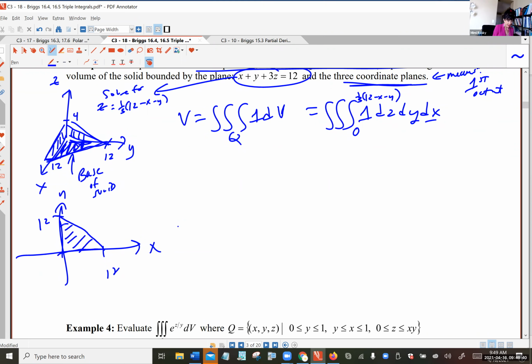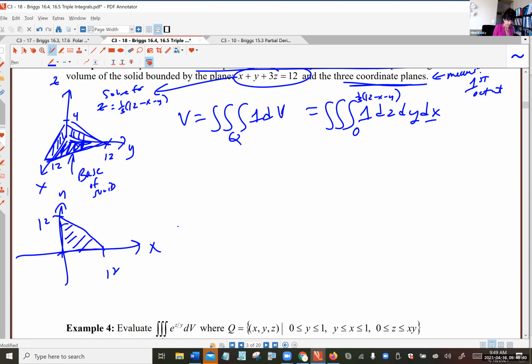Keep in mind, that's when z equals 0. If you set z equal to 0 in your plane equation, you get y = 12 minus x. So x is going from 0 to 12. If you put your little man in here, y is going from 0 to 12 minus x. And you're done setting up the triple integral representing volume.